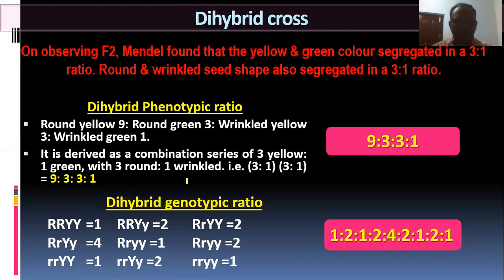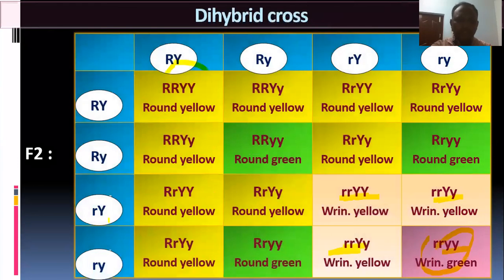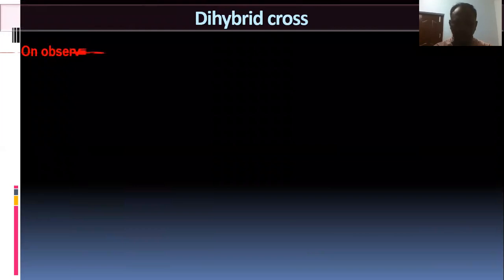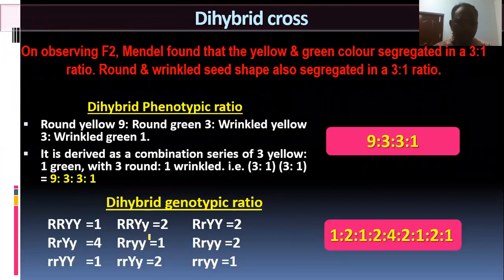And the dihybrid genotypic ratio is, so it's easy to remember, 1:2:1, 2:4:2, 1:2:1. You see, capital R capital R, capital Y capital Y is only one we got. In this table you can look, only one is capital R capital Y. And small r small r small y small y also only one, right? And capital R capital R, capital Y small y is 2.